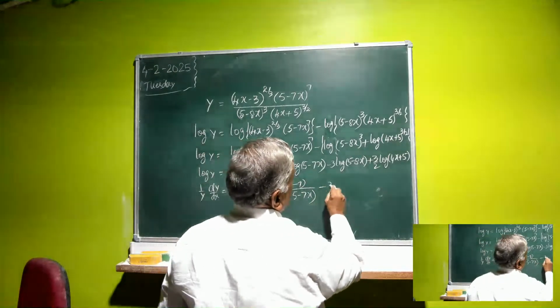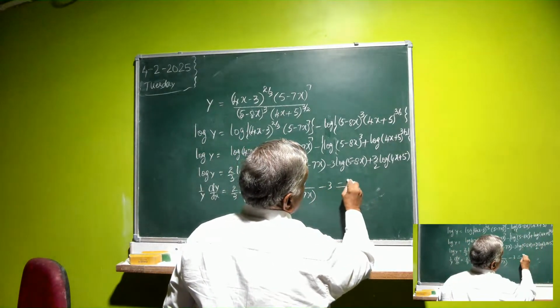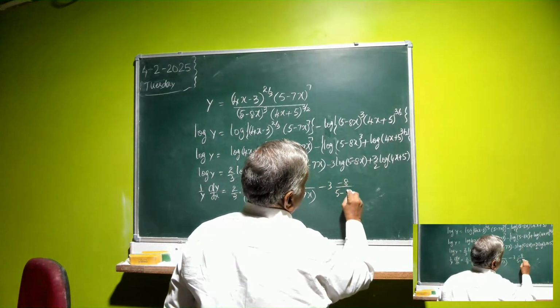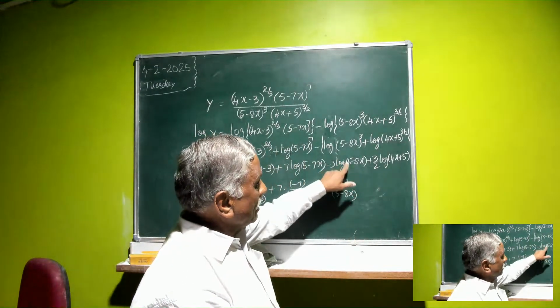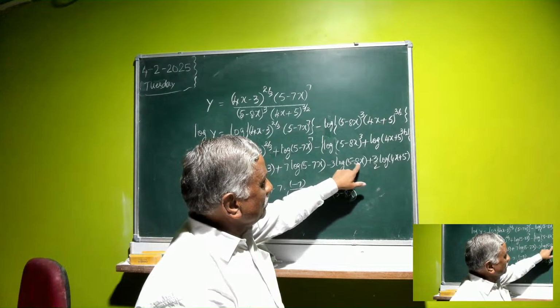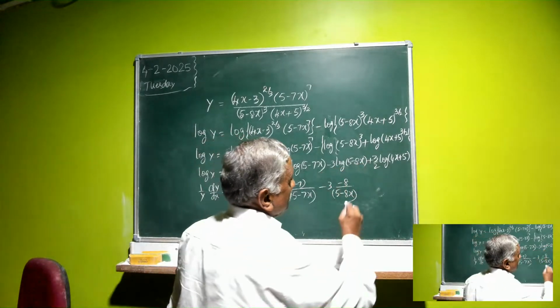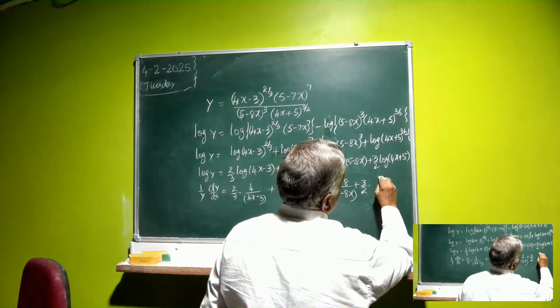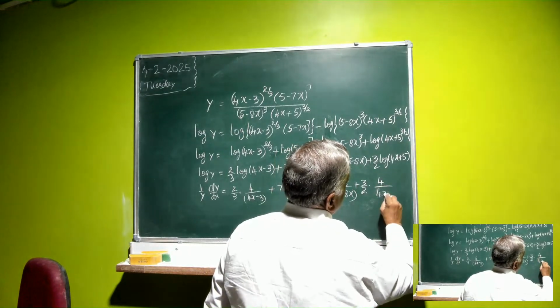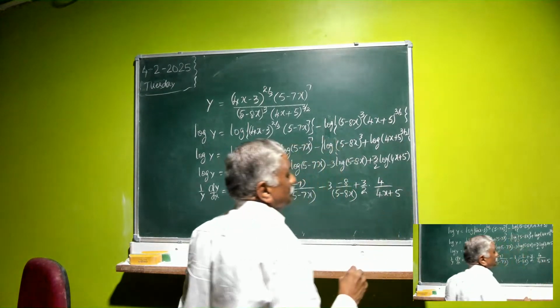Minus 3 times minus 8 over 5 minus 8x. Of minus 8: first log is 1 over, 5 is 0, minus 8x is minus 8. Plus 3 by 2 as it is. This is 4 over 4x plus 5.